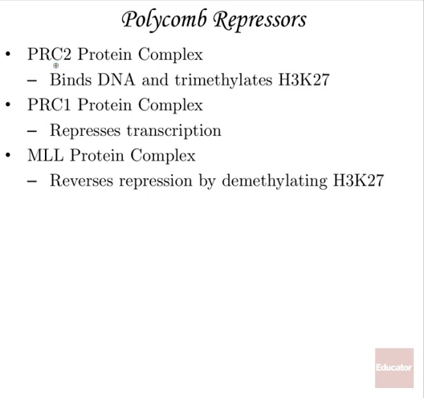And then we have another protein complex called the MLL protein complex, which will reverse this repression by demethylating the H3K27. Now, a couple things I want to point out. If you have a mutation in the PRC1 protein complex, like they can make in the labs, the mutants die perinatally, meaning either at the time of birth or shortly after, in under a couple weeks.